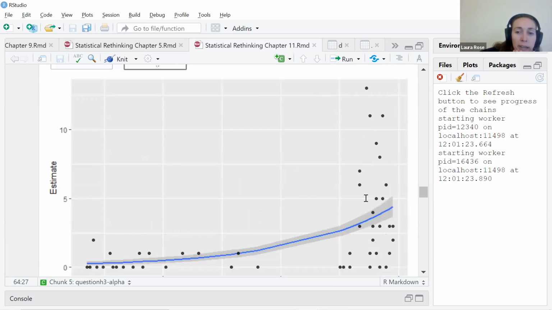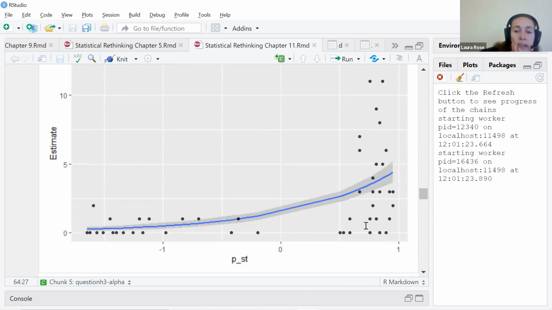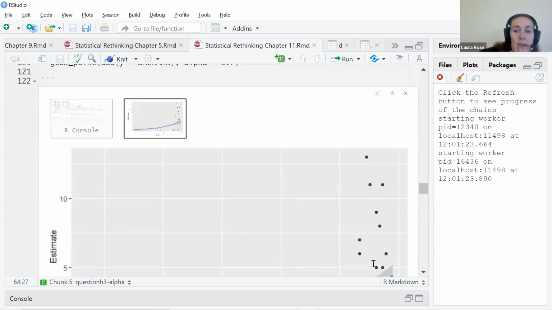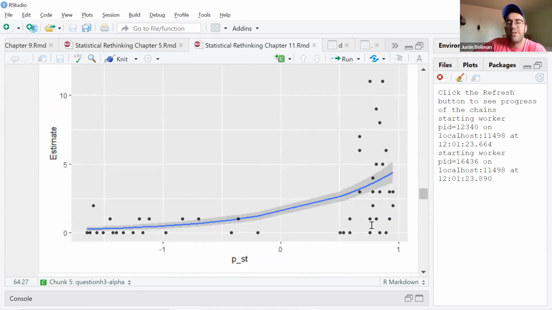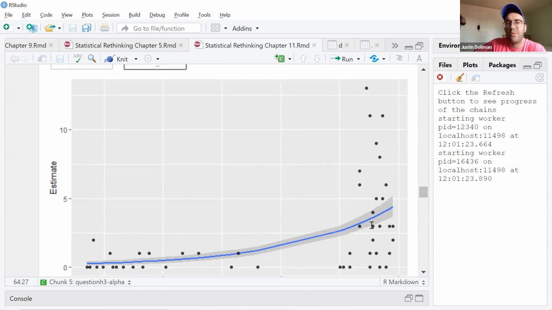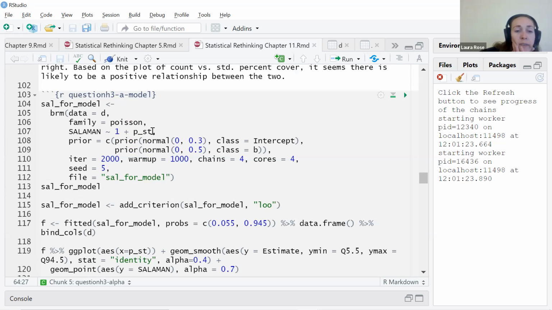However, I decided to plot, and I'm not too happy with this because, here's the line, here's our data. Down here it does a pretty good job, but at the higher levels of percent cover there's a lot of variation. So something is probably missing, essentially. Right, but you're using 2 explanatory variables right now? Yeah, it's only one. The first part is just percent standardized, and then we have the intercept.